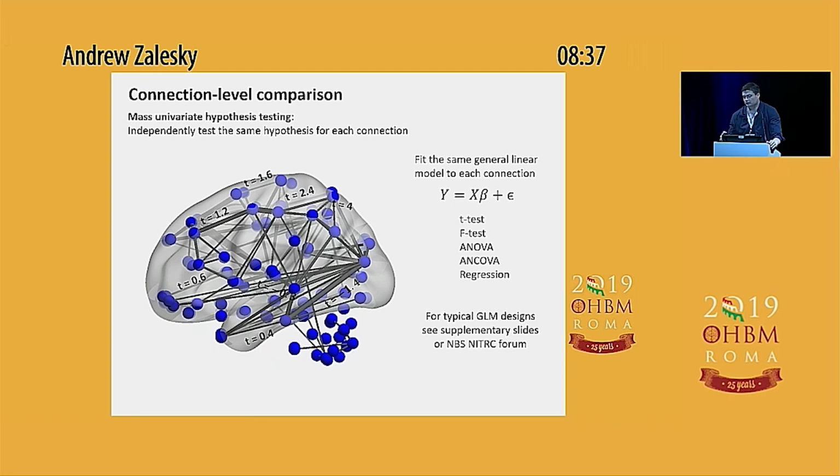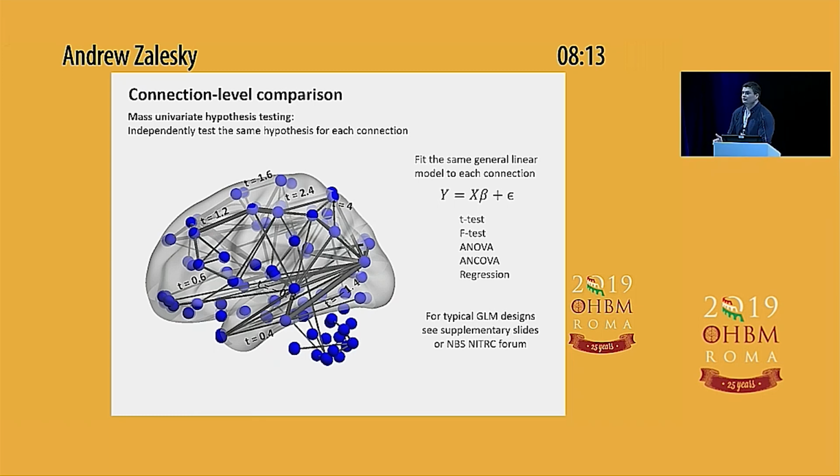With a general linear model, we can implement a t-test, an F-test, an ANCOVA, a regression, and so on. So this could be, for example, testing differences between patients and controls, or testing an association between, for example, the streamline count or the functional connectivity and a behavioural measure. And so this test statistic gives us the strength of that association.